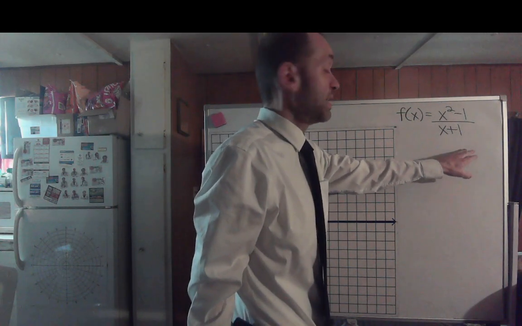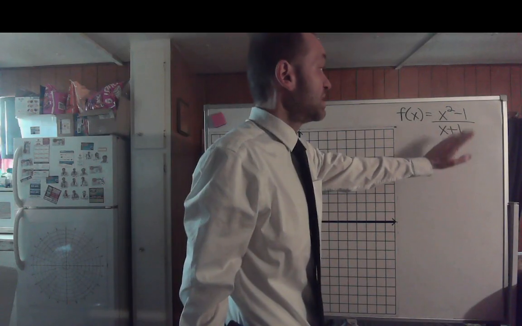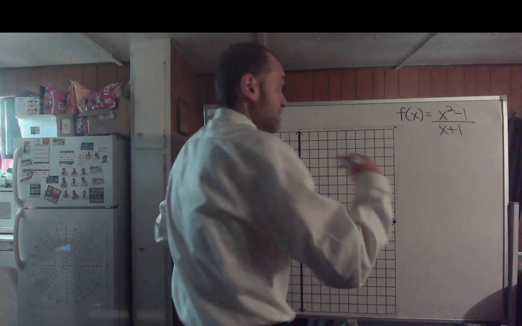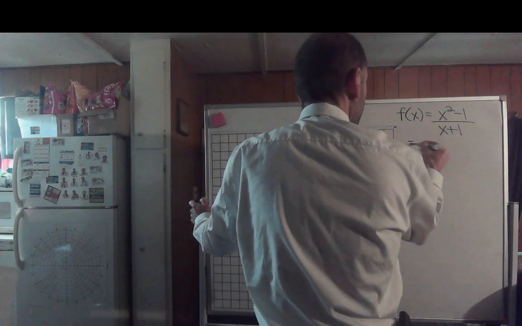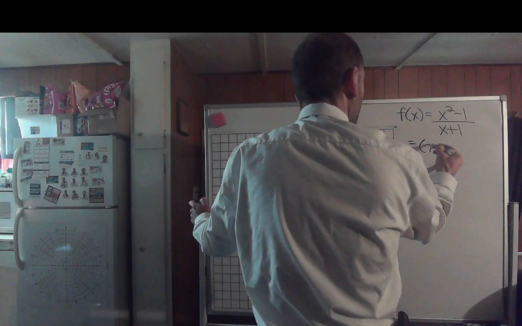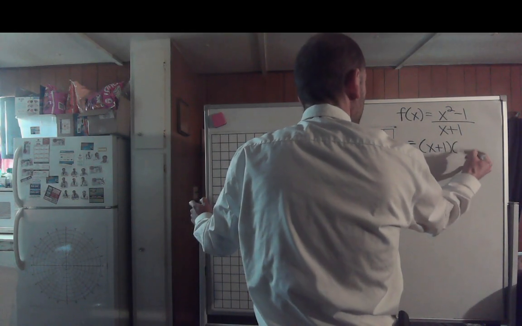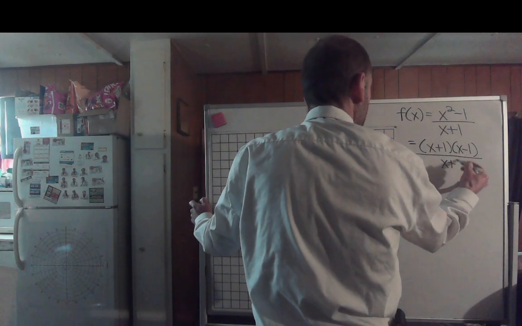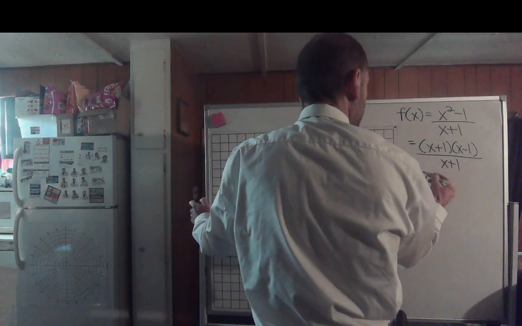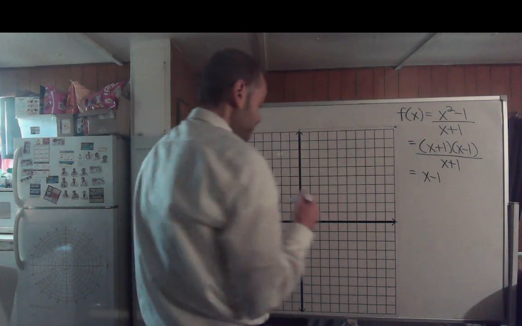I think it's plain to see that we can definitely factor out an x plus 1 from the numerator and denominator. So in fact, let's factor the numerator. This would be the quantity of x plus 1 times x minus 1 all over x plus 1, which would just simplify into x minus 1.